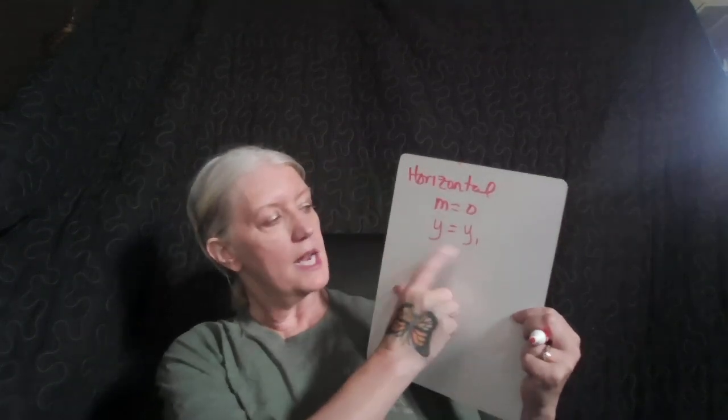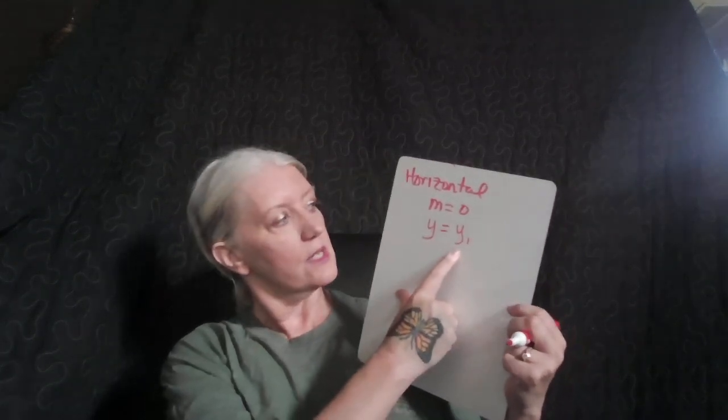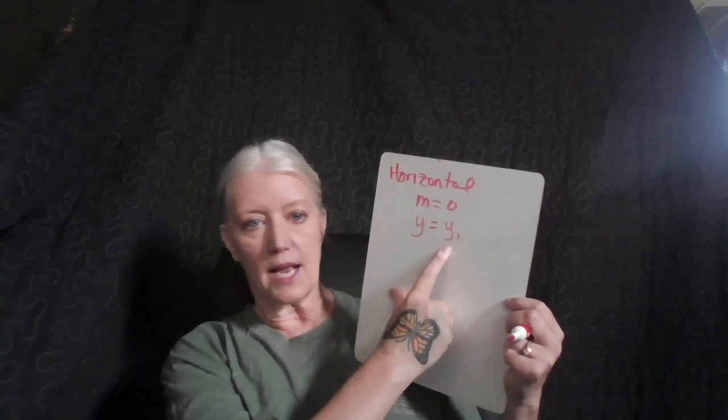That means y equals whatever the y value is because it only crosses the y-axis. So if I gave you these points, (3, 2), (8, 2), (negative 1, 2), my equation is y equals 2, period. That's it.